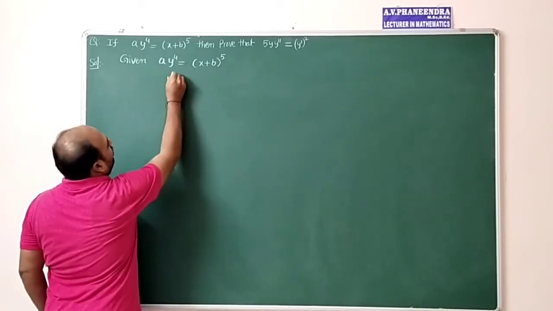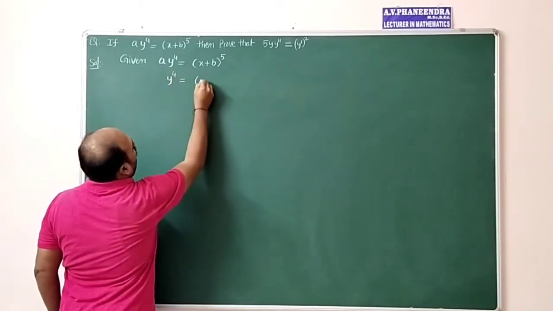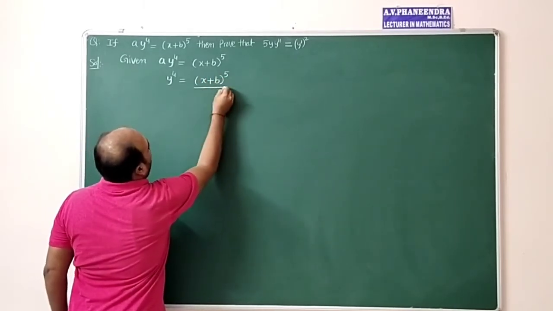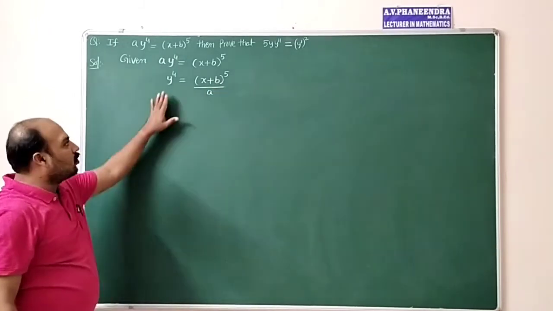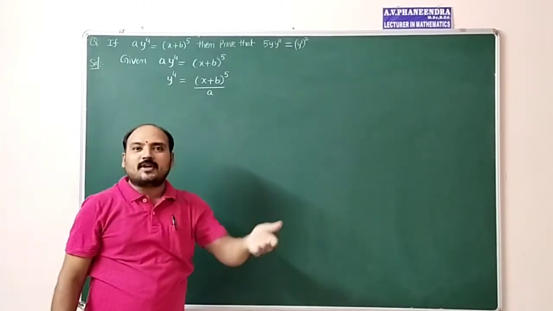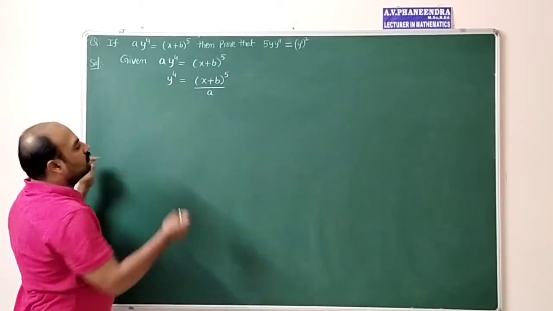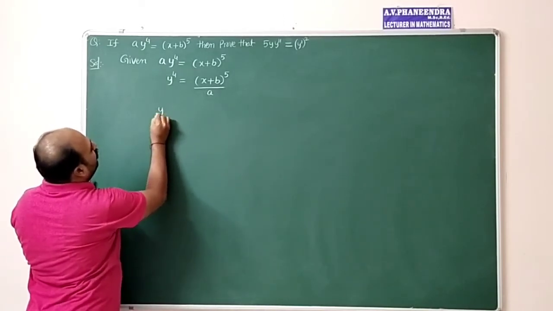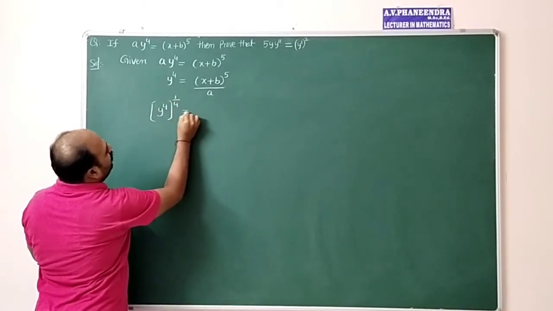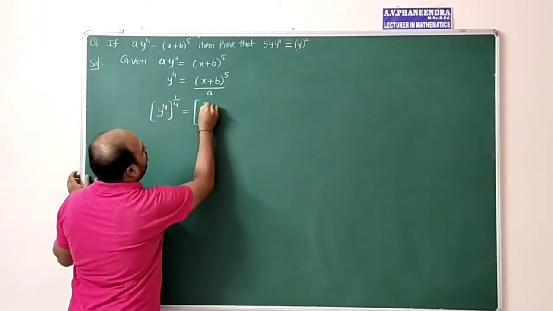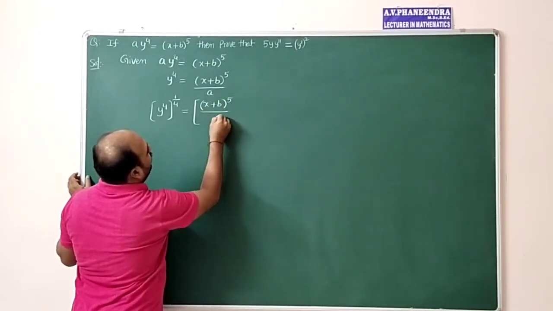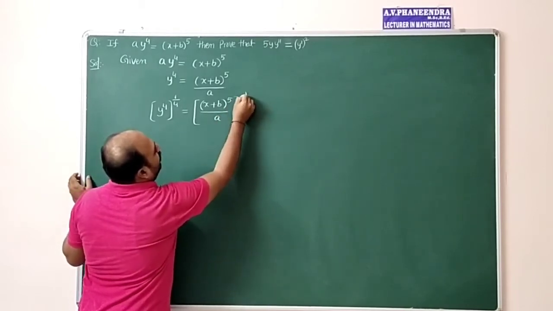Therefore, y power 4 is equal to (x plus b) whole power 5 divided by a. But I want only y, not y power 4. So raise the power 1 by 4 on both sides. So y power 4 whole power 1 by 4 equals ((x plus b) whole power 5 divided by a) whole power 1 by 4.